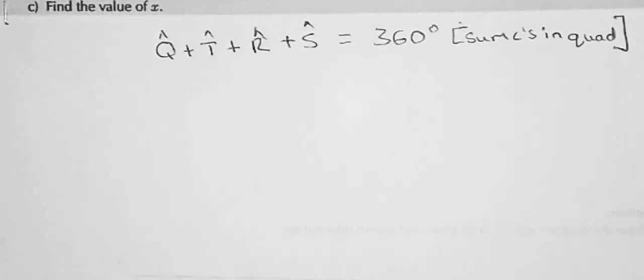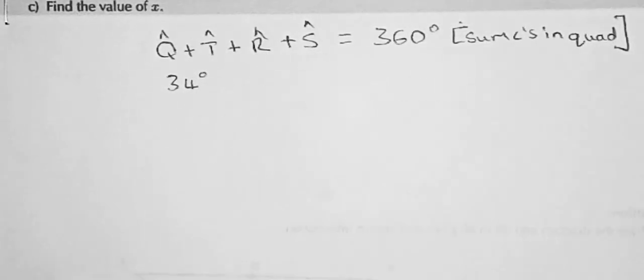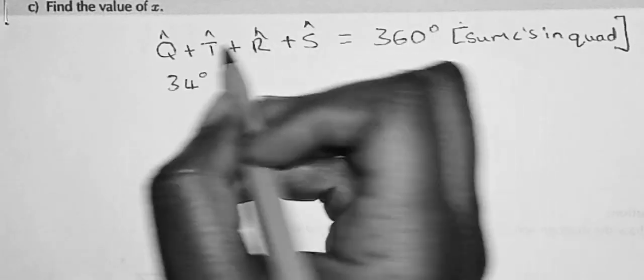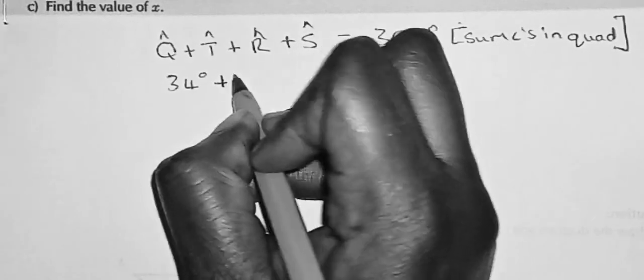So what's next is that I'm going to say angle Q was 34 degrees and angle T, we are not going to write the value of angle T, so we are just going to skip it.